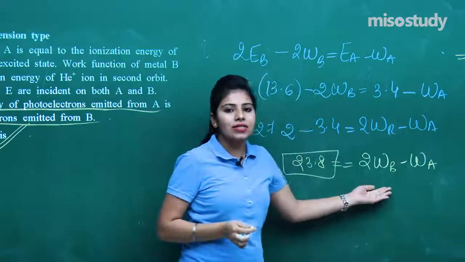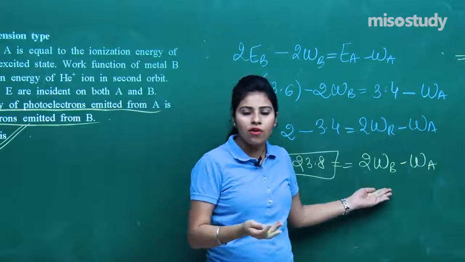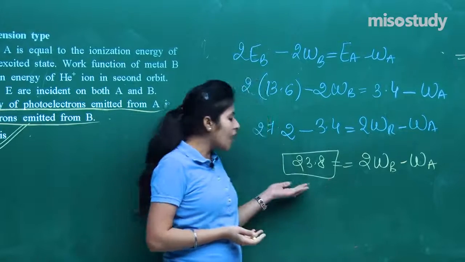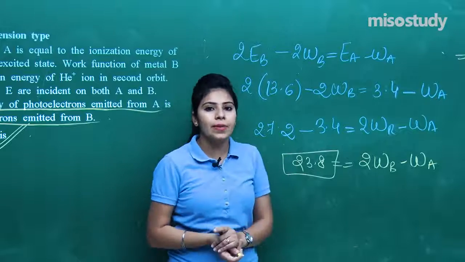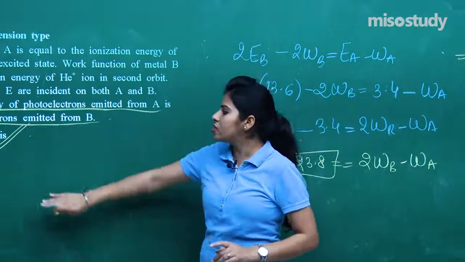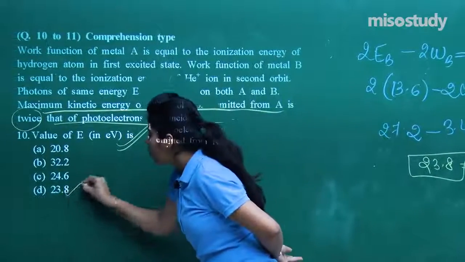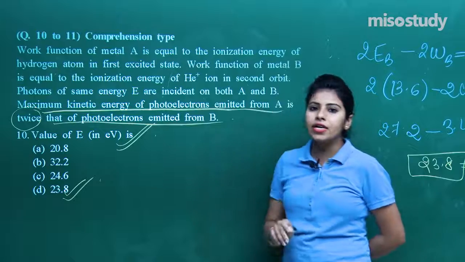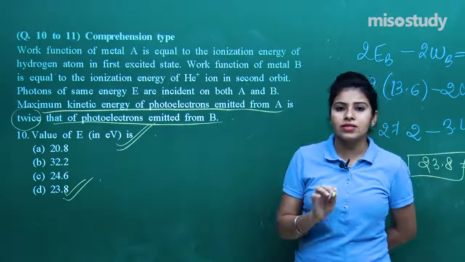You can see that this is nothing but the energy. Work function is energy. So we have found that energy is equal to 23.8 electron volt. And yes, we can see in the question that there is an option, option number 4, 23.8 electron volt. So that means we have definitely done this correct.